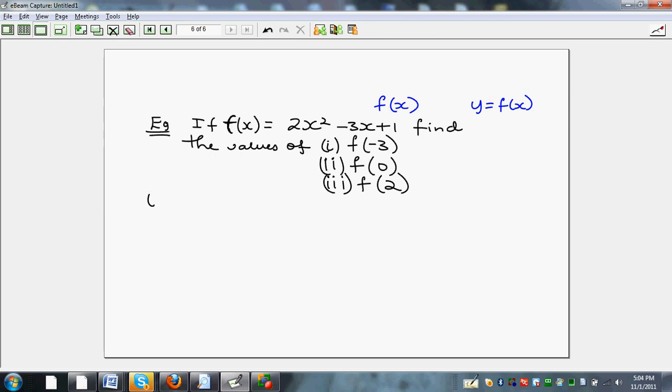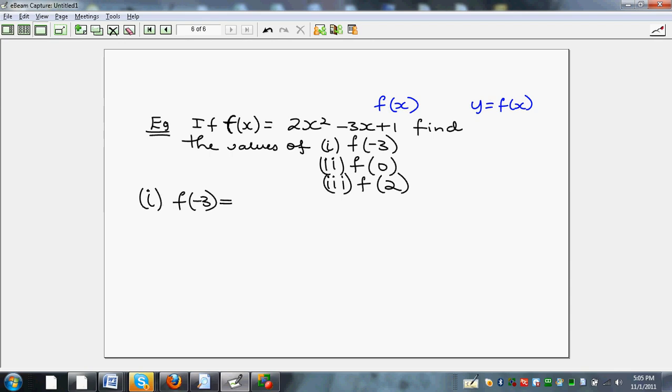In order to do this, all we have to do is replace in f of x, wherever we see x, we replace it with the number. So let's say we have to find f of minus 3. All we have to do is take out x in f of x and replace it with minus 3.